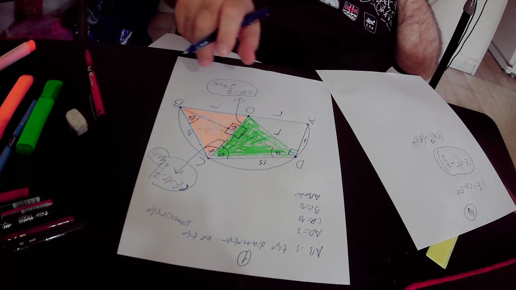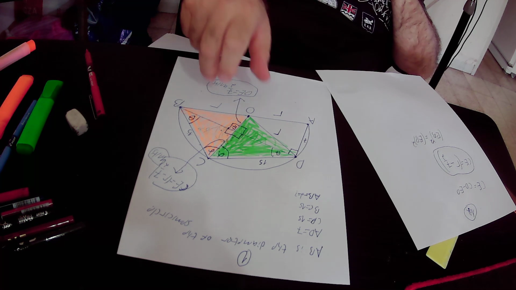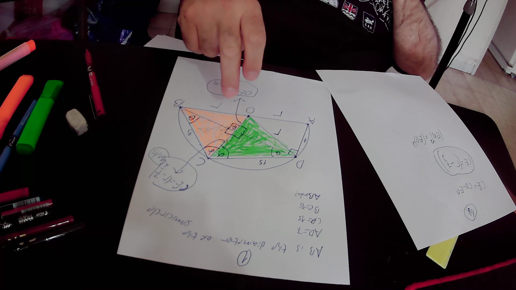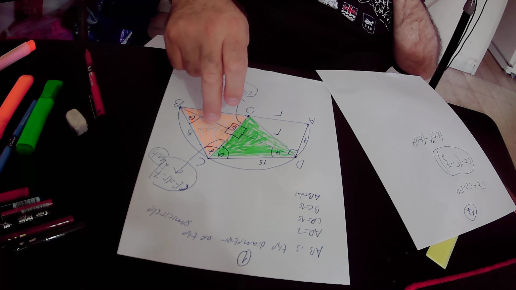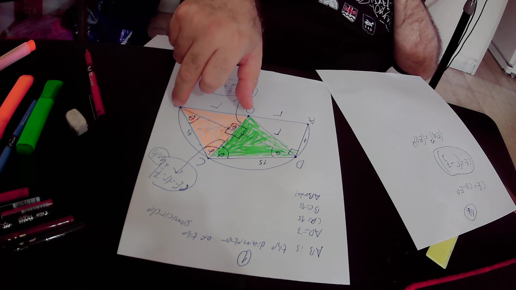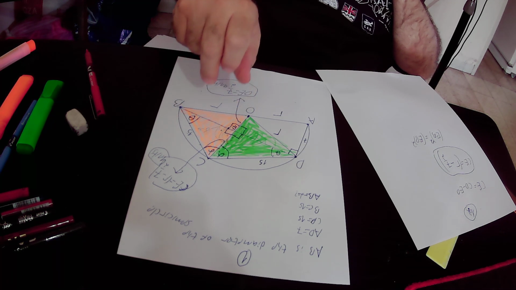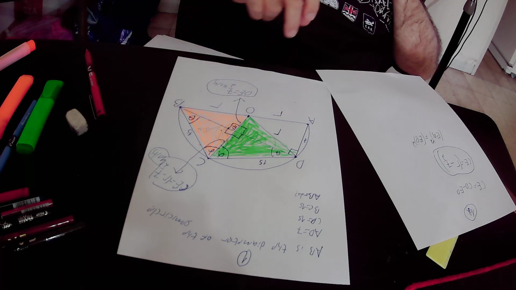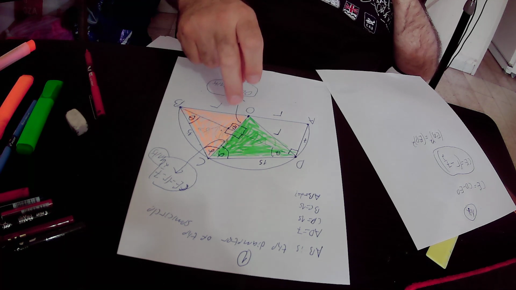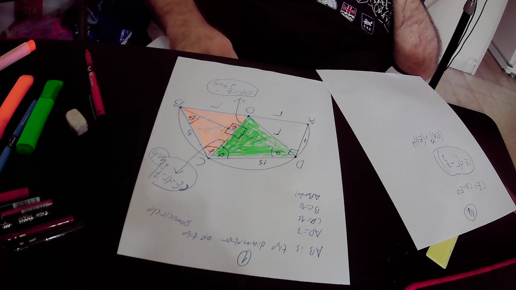As you can see from the drawing, the side EB belongs to both triangles. It belongs to the right triangle CEB, and it also belongs to triangle OEB, so it is a common side that belongs to both triangles. So the statement EB squared equals EB squared will relate to those two triangles.